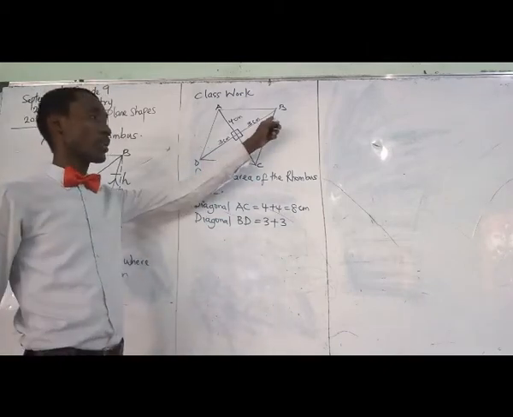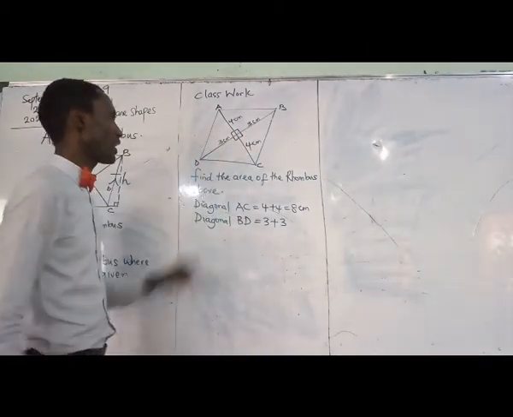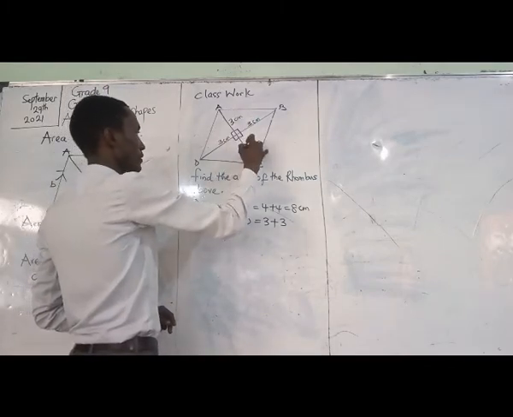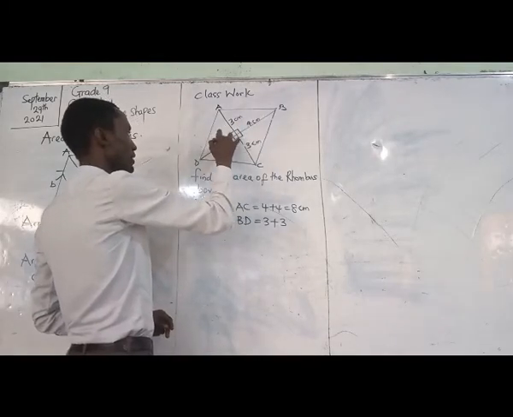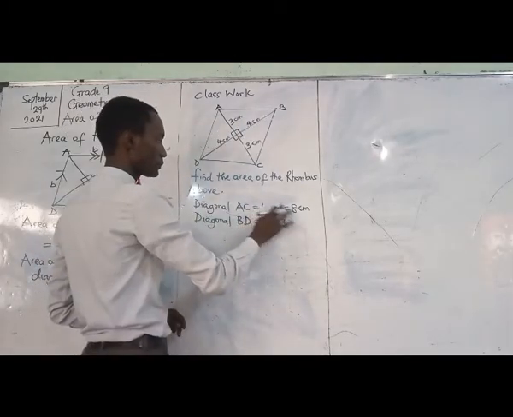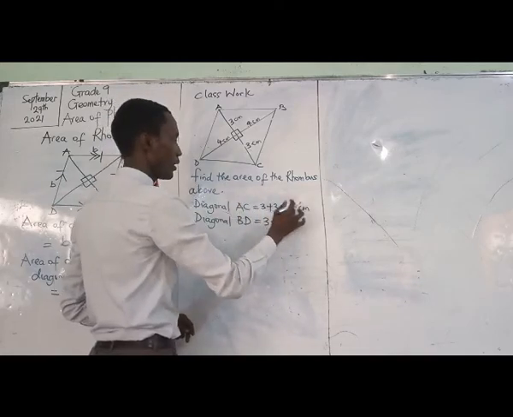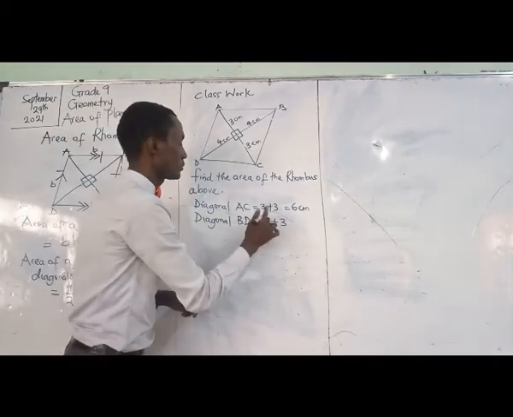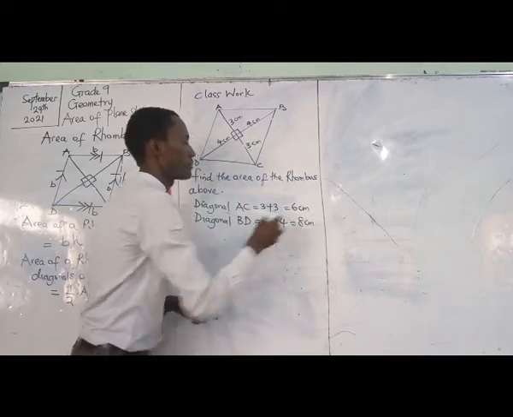Although somebody might query me mathematically because pictorially this side looks bigger. Let's correct that. Pictorially this is what it should be. So this should be 3 plus 3, and that will give me 6. And 4 plus 4, and that will give me 8 here.